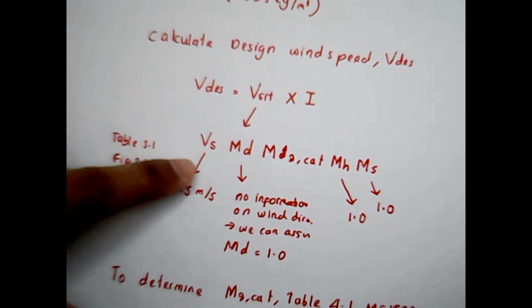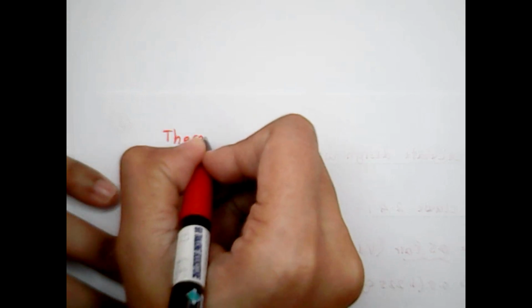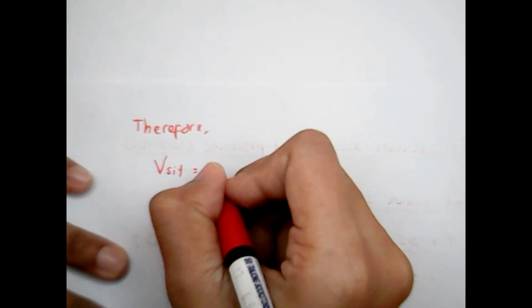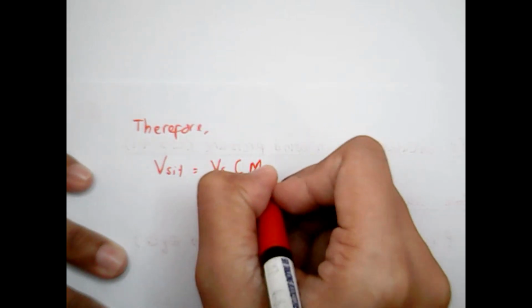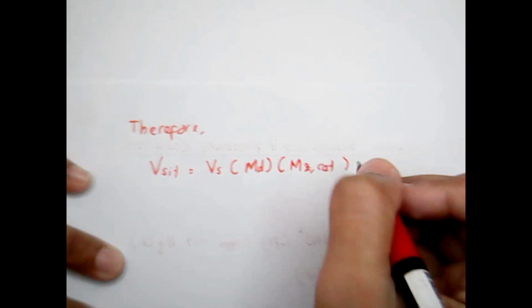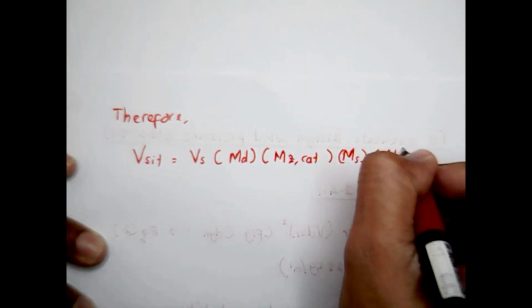So now I will show you. For V seat, we now try to calculate all this. V dash equals V seat. So we now calculate V seat. Therefore, V seat is equivalent to Vs times MD times MZ cat times M shielding, which is negligible in our case, and MH.